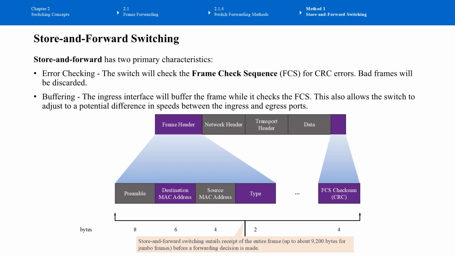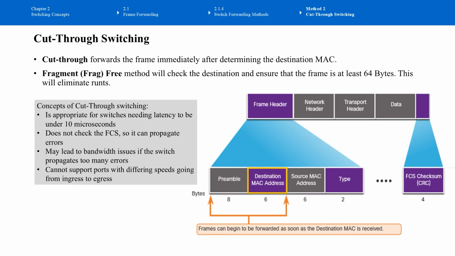Buffering: the ingress interface will buffer the frame while it checks the FCS. This also allows the switch to adjust for the potential difference in speeds between the ingress and the egress ports. Cut-through forwards the frame immediately after determining the destination MAC. The fragment-free method will check the destination and ensure the frame is at least 64 bytes. This will eliminate runts.